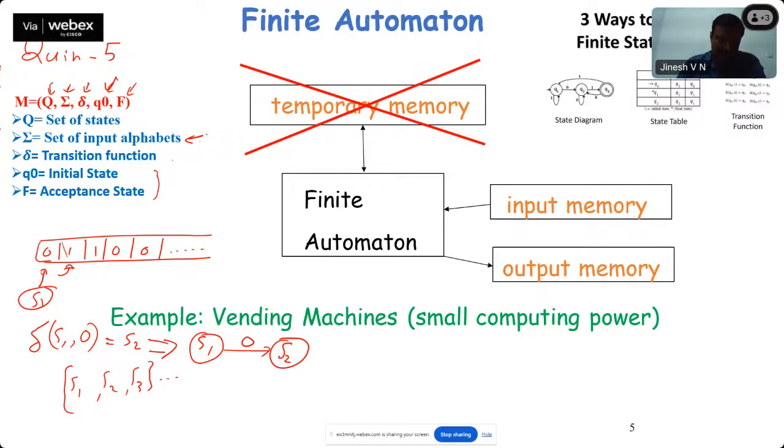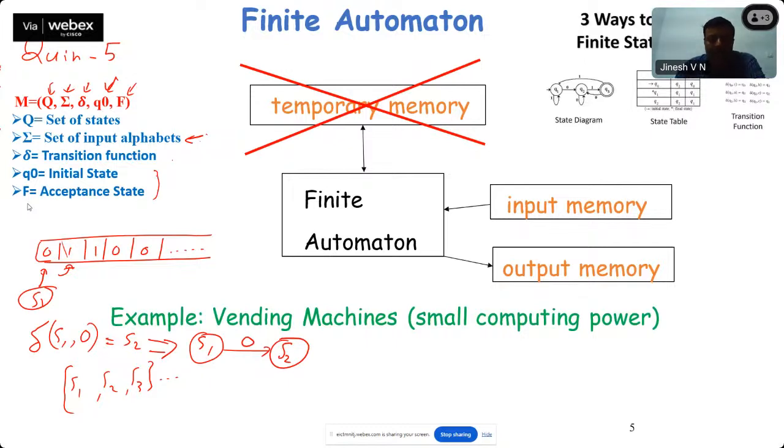That is the expectation, so that expected state will be defined as the acceptance state of the automata. I hope we have done all 5 tuples in the finite machine, and you should be aware of exactly what each of them means. The same thing will be used for all other automata concepts, with little small variations.